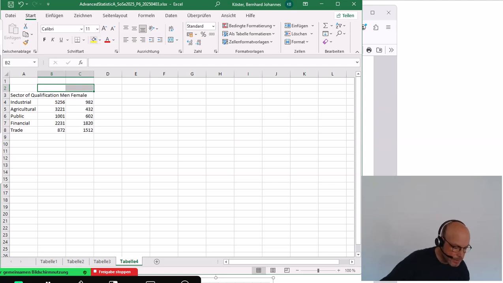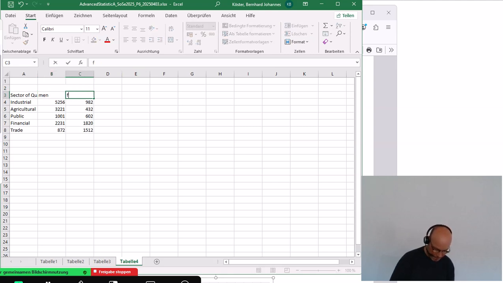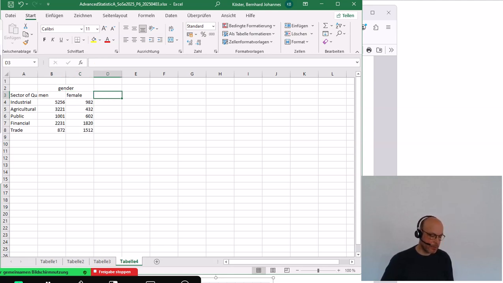So this is then gender, and these were man and female. So what are then the accumulated absolute numbers within our sectors, or what are the absolute numbers of man and female?